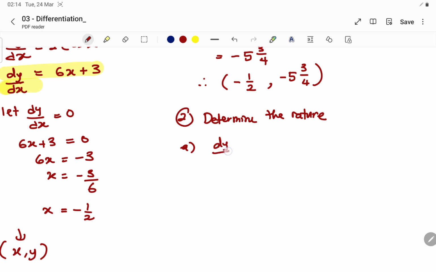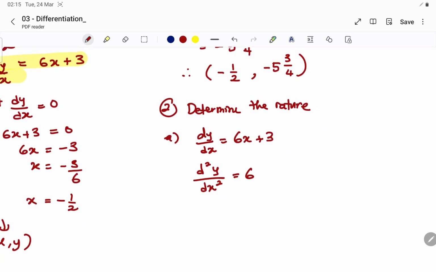So you have dy/dx equal to 6x plus 3. Differentiate one more time, you just put a square like this: d squared y over dx squared. How to differentiate? Differentiate 6x plus 3. So 6x differentiates to become 6, plus 3 becomes 0 because it's a constant.